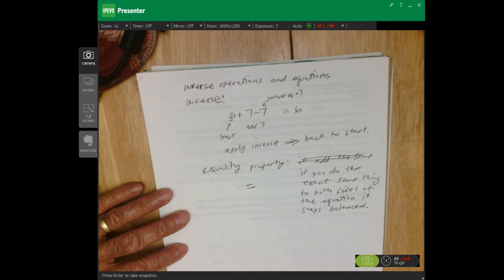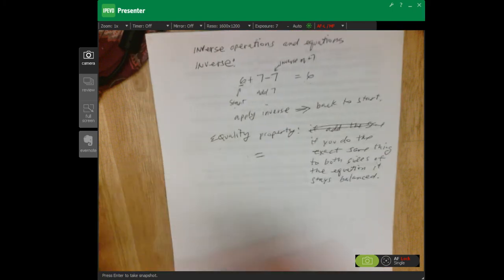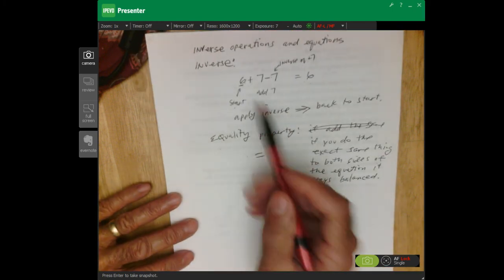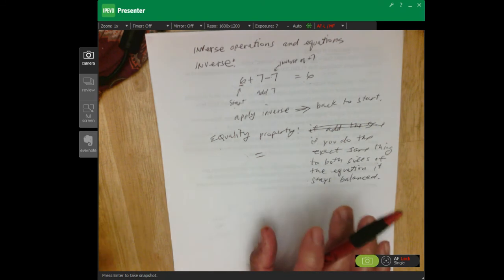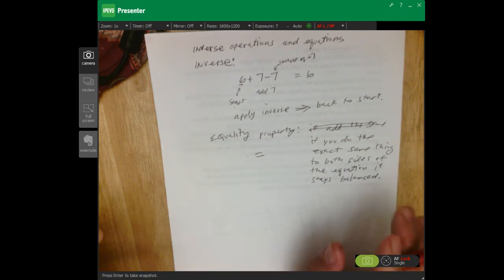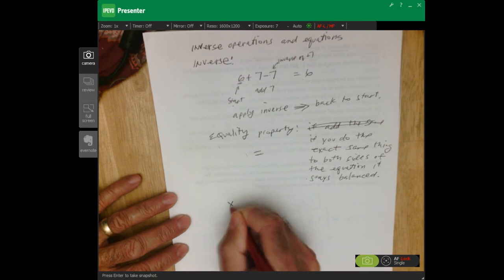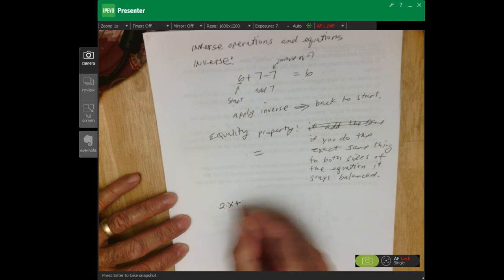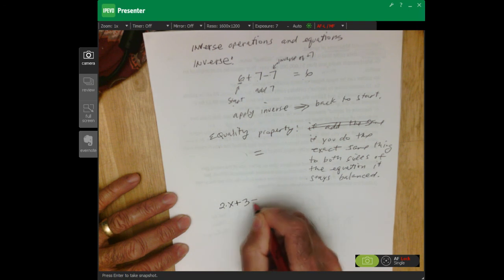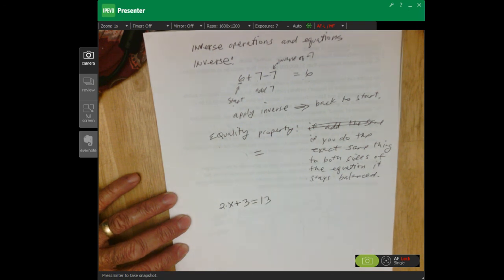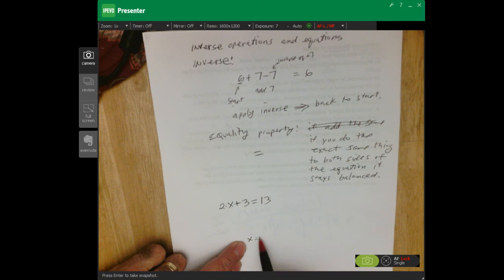Okay, those two basic concepts are the critical ideas that go into solving equations. Now, the rest of it is just moving things around and using these as a guideline to peel away extra stuff. So if we're solving an equation like 2 times x plus 3 equals 13, solving it means getting x all by itself, where we find out what x is equal to.